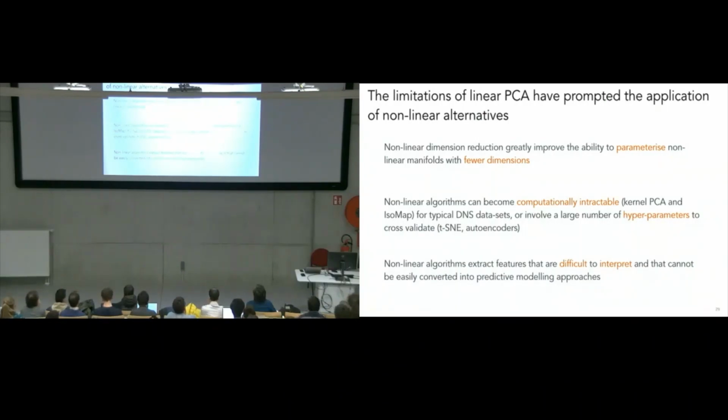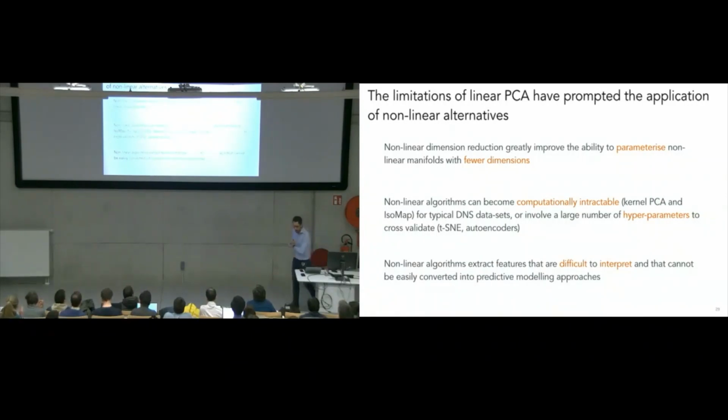The problem with these approaches is that they can become computationally intractable, and this is the point. This is, for instance, the case for kernel PCA or isometric mapping, or they can involve a large number of hyperparameters. And this is, I think, personally the case of both approaches like t-SNE and autoencoders.